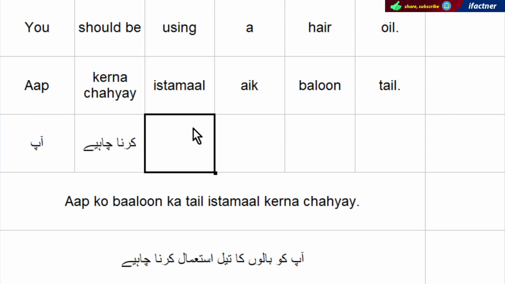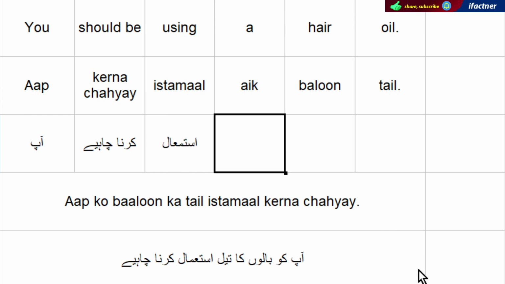Use is इस्तेमाल, and we write इस्तेमाल as अलिफ ज़ेर सीन is तमाल. ते मीम and अलिफ लाम इस्तेमाल. एक is alif ye kaf.